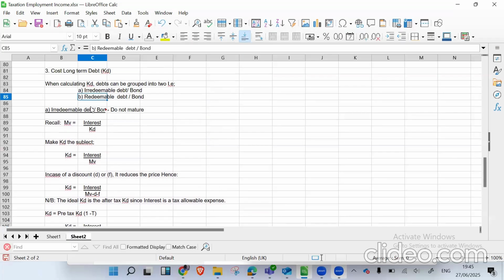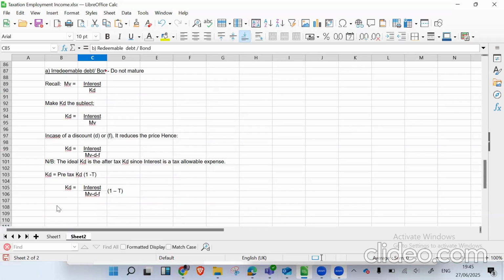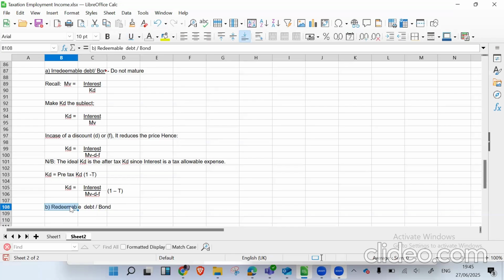And if you are fine with that, we go to number 2, the redeemable bonds. Of course, for the redeemable bonds, just for our own understanding, these ones mature. They have a maturity period.